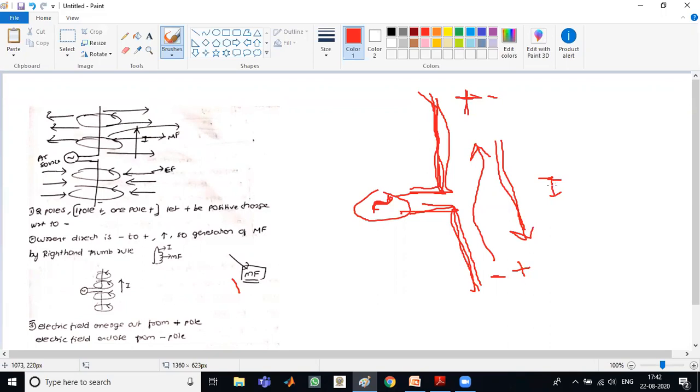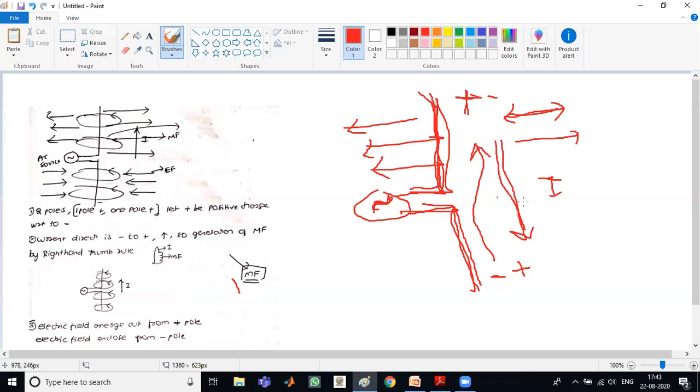After the current is produced, the electric field is produced. The electric field is produced outward from the positive pole. This is the positive pole, it emerges outside.